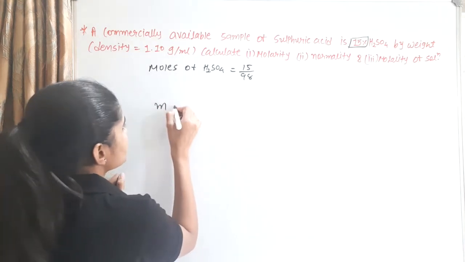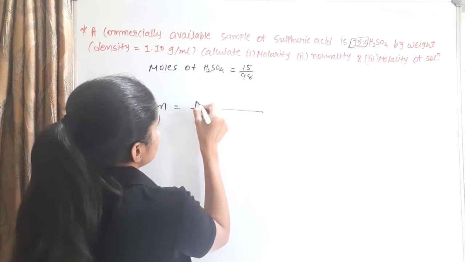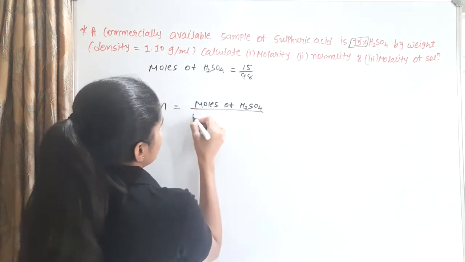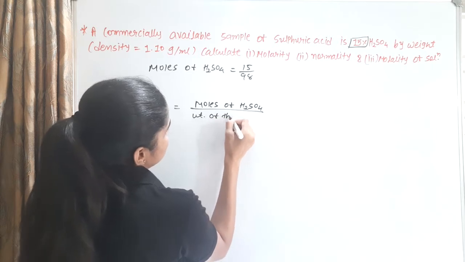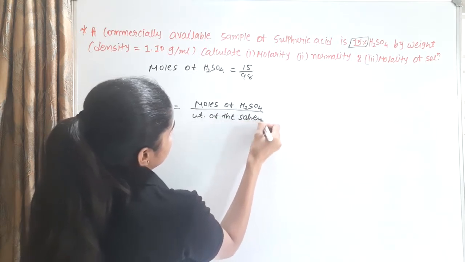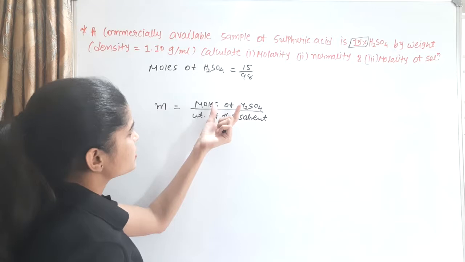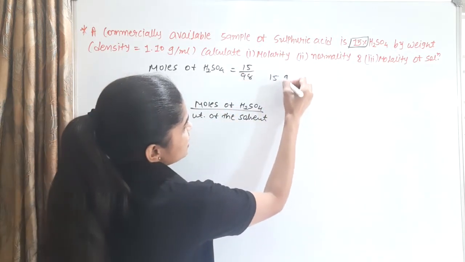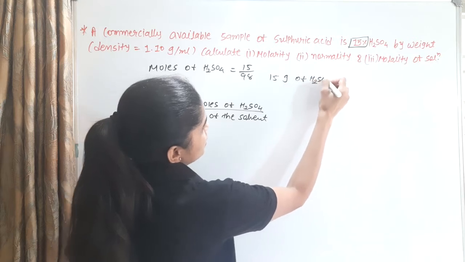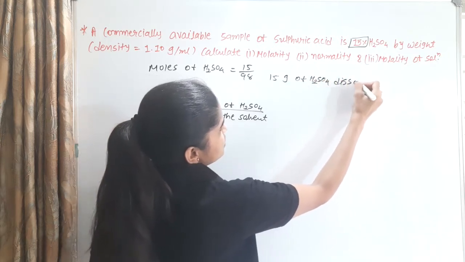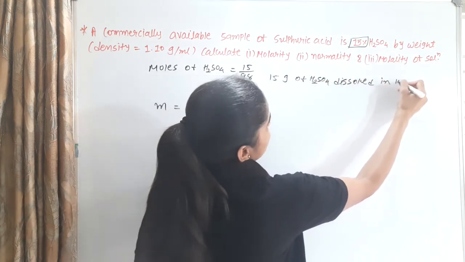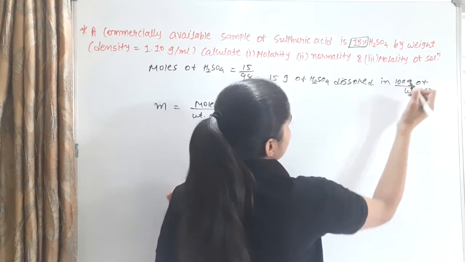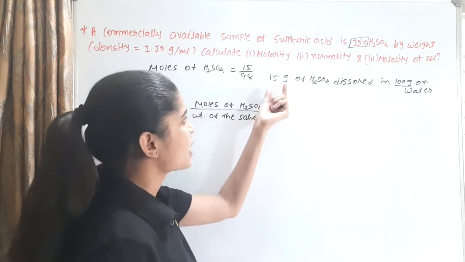The third term is molality. Molality is denoted by m. That means moles of solute, where solute is H2SO4, divided by weight of the solvent. 15 gram of H2SO4 is dissolved in 100 gram of solution, so 100 gram is the solution and 15 gram is solute.